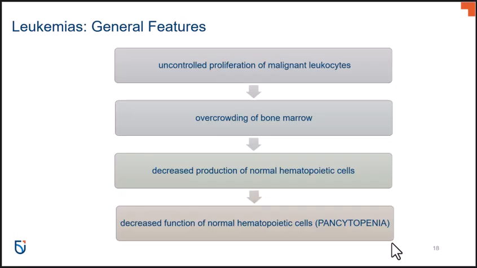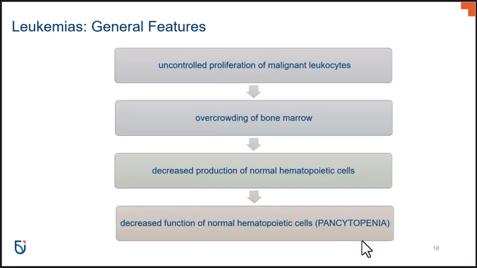Pancytopenia is a deficiency in all three of the main cellular components of blood: red blood cells, white blood cells, and platelets. So once again, the overcrowding in bone marrow can cause the normal hematopoietic cells that can produce white blood cells, red blood cells, and platelets to not function properly in terms of what they can produce, and we end up then with a reduction in all three of those cell types, leading to what's called pancytopenia.